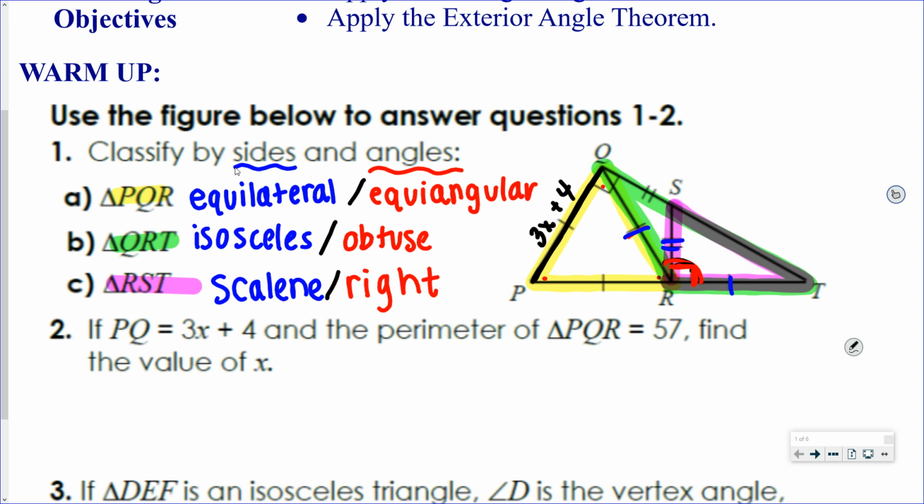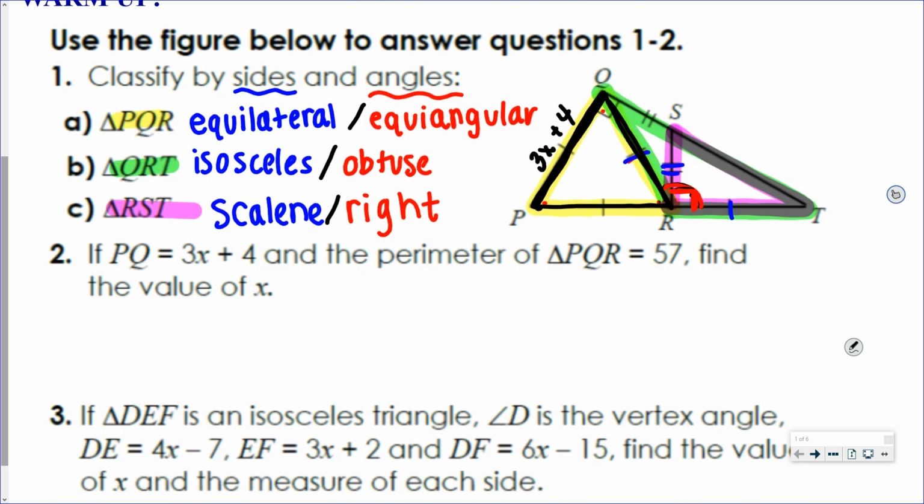All right, folks, if this side is PQ, and it's 3x plus 4, what's this side going to be? 3x plus 4, they're all congruent, right? It's equilateral. So you can do 3x plus 4 plus 3x plus 4 plus 3x plus 4, or you could just triple that side because they're all the same. And perimeter means you add up all the sides, right?